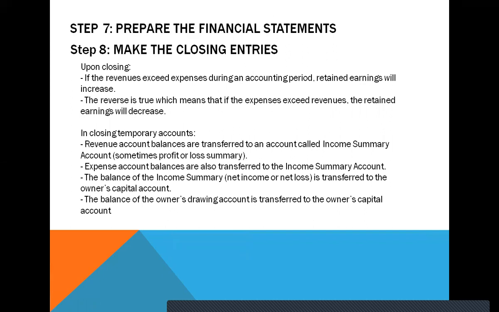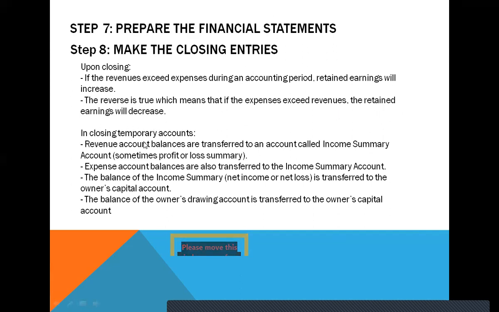Step 8 is make the closing entries. Upon closing, if the revenues exceed expenses during an accounting period, retained earnings will increase. The reverse is true, which means that if the expenses exceed revenues, the retained earnings will decrease.